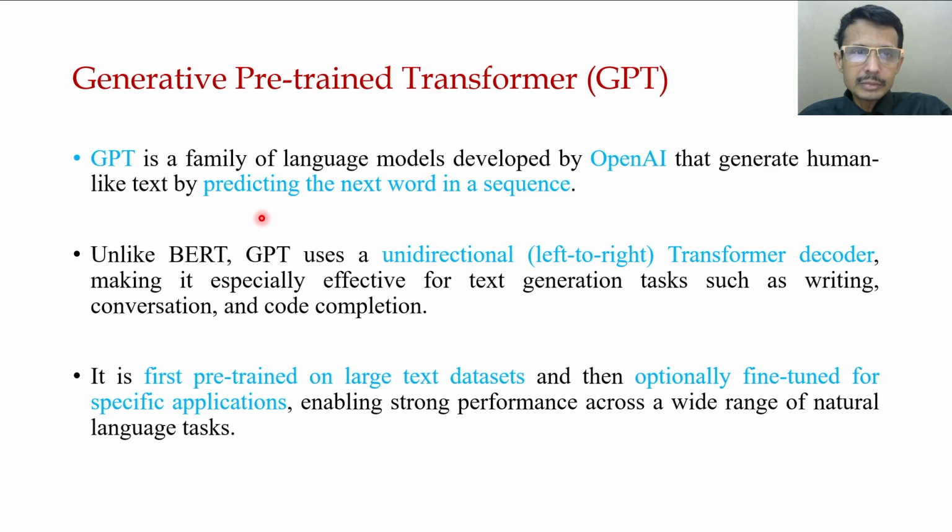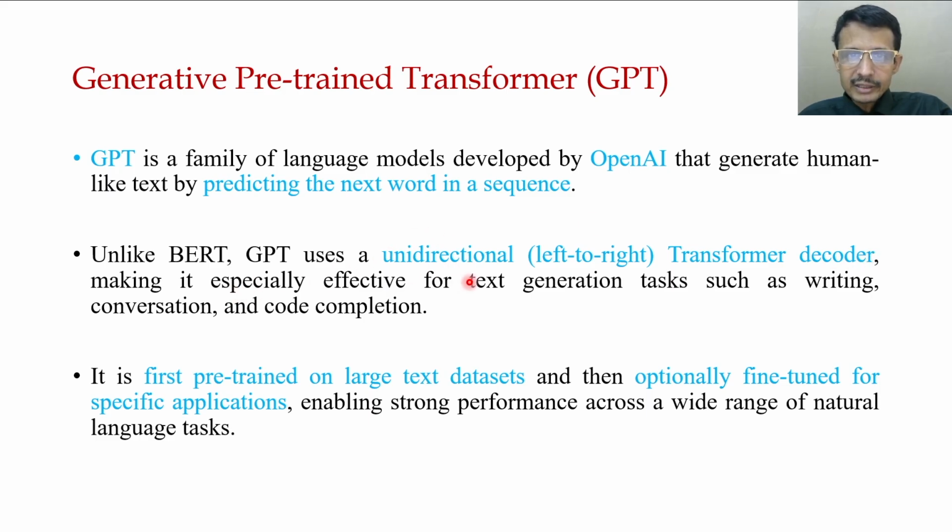It is basically a decoder only model, so it has an inherent capability of generating text, sentences, or words. Unlike BERT, GPT uses a unidirectional model that reads left to right, and it uses the transformer decoder as we said.